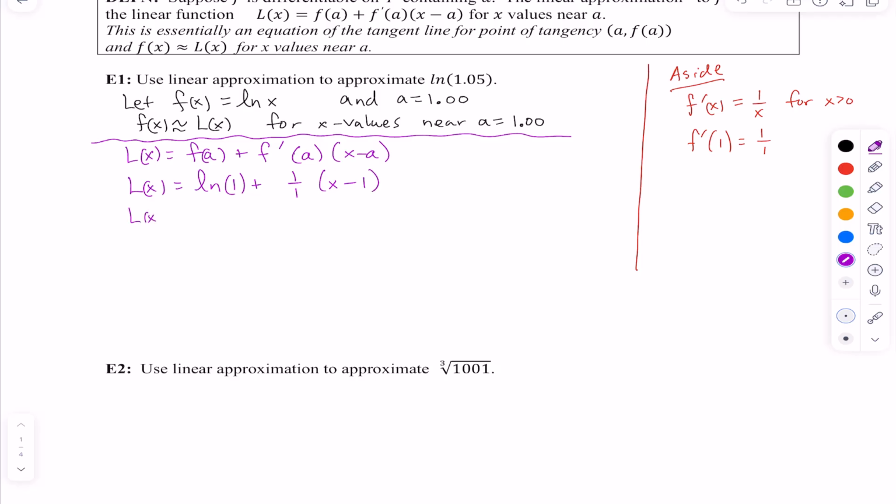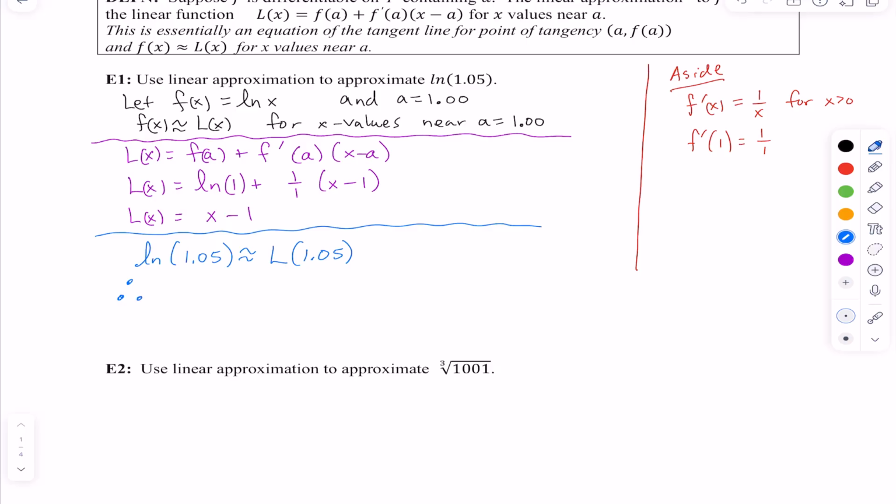And notice our linear approximation is indeed the linear function x minus 1. One last procedure. Our goal is to actually find such an approximation for the natural log of 1 5/100. This is approximately the linear approximation evaluated at 1 5/100.